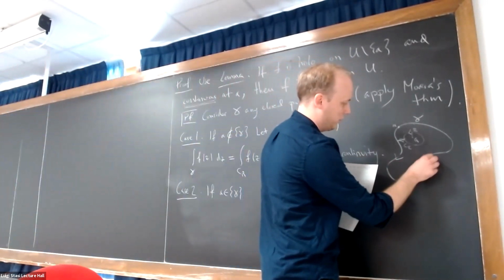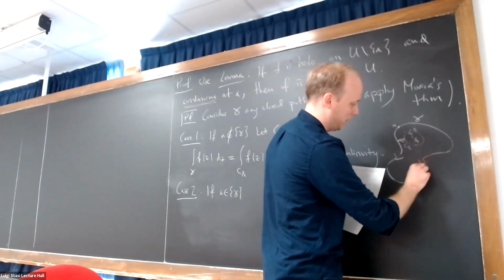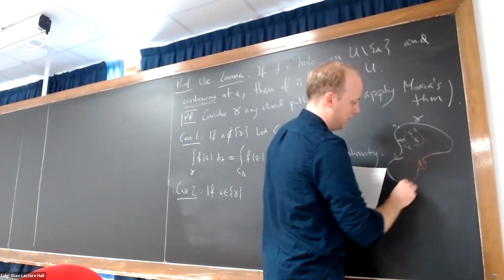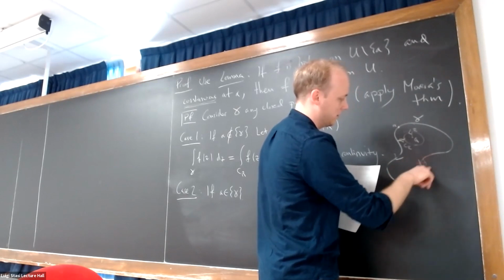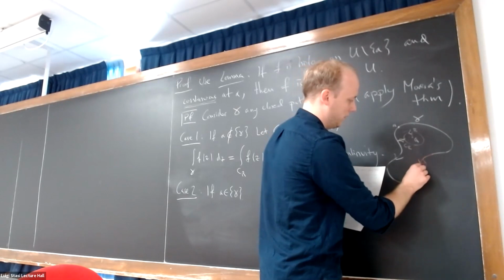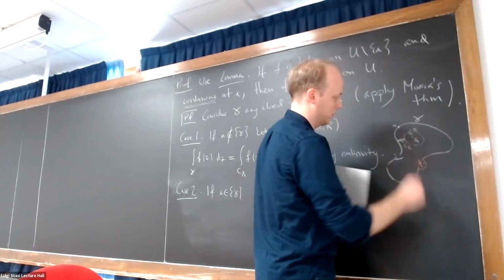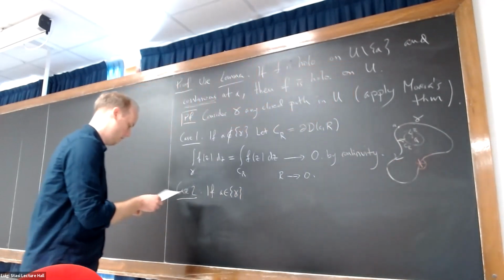We modify gamma by taking a half circle going around here. And then we're going to use the continuity to say that going around like this on a very small circle is not going to change the value. It's going to change the value of the integral continuously.